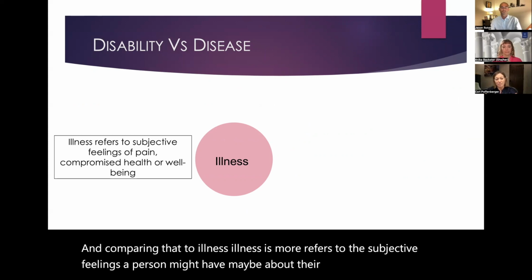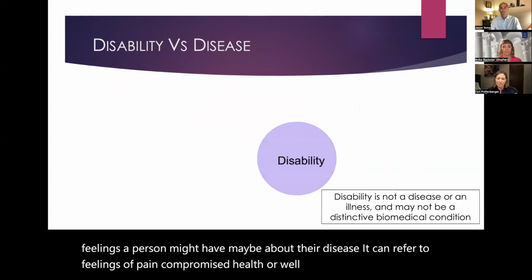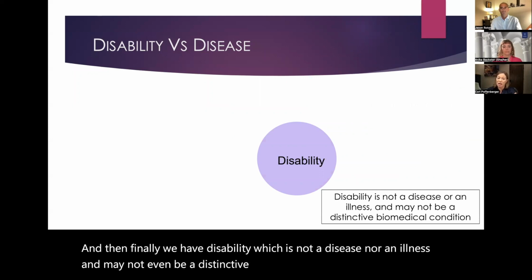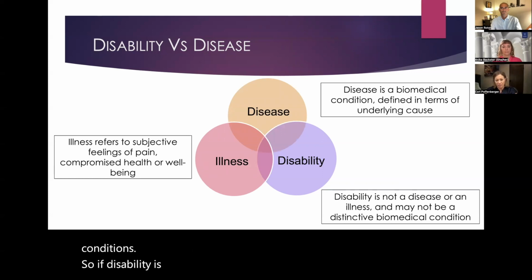It can refer to feelings of pain, compromised health, or well-being. And then finally, we have disability, which is not a disease nor an illness, and may not even be a distinctive biomedical condition. Different types of disabilities can be caused by a wide variety of conditions. So if disability is not a disease or illness, then what is it?